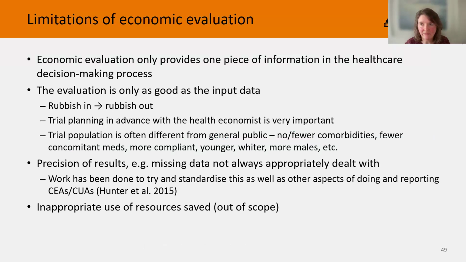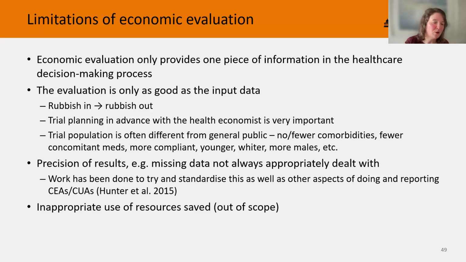So we are very nearly at the end. We've talked already about limitations of EQ-5D and QALYs. There are more limitations of economic evaluation. It's only one part of the decision-making process. The evaluation is only as good as the input data: rubbish in, rubbish out. So trial planning is important, and generally making sure you've got the best data that you can.